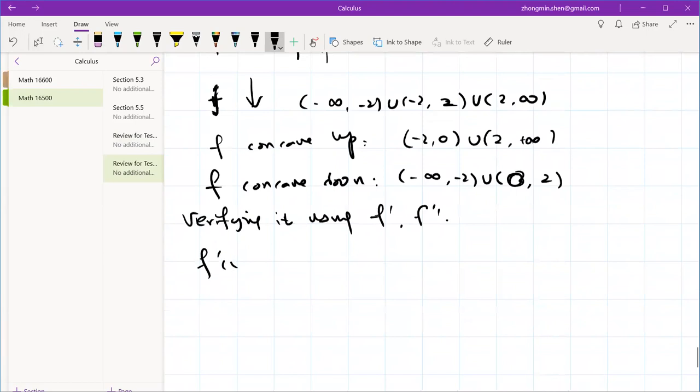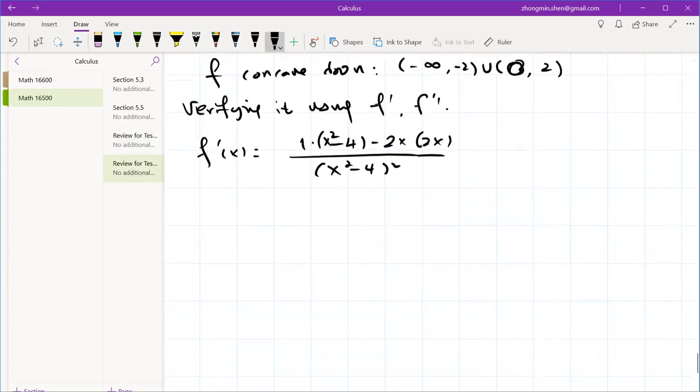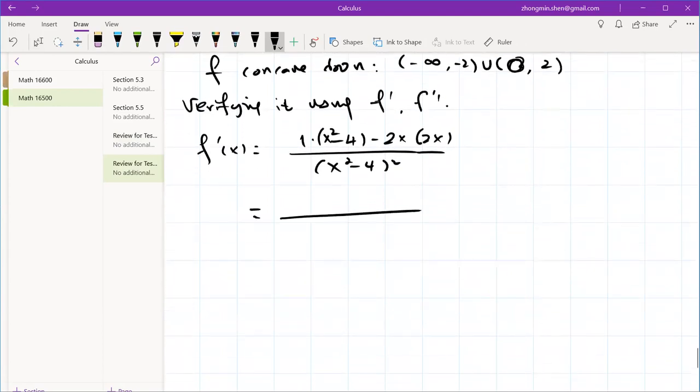So let's find the first derivative. Okay. Then minus 2x. The derivative of the denominator is just 2x. So I would get, it's actually negative 4 minus 3x squared.